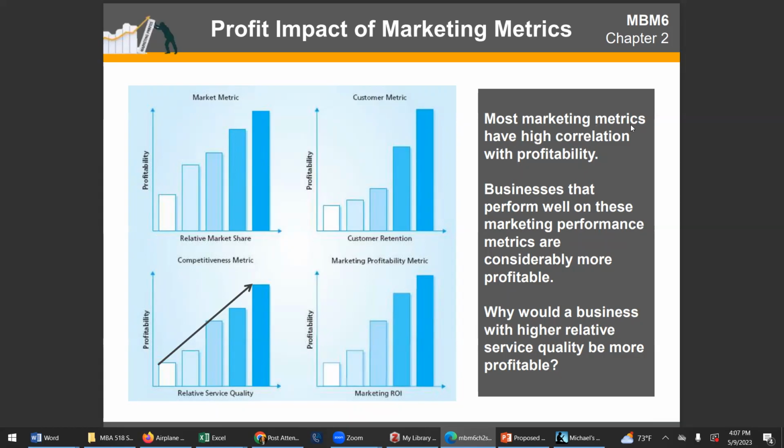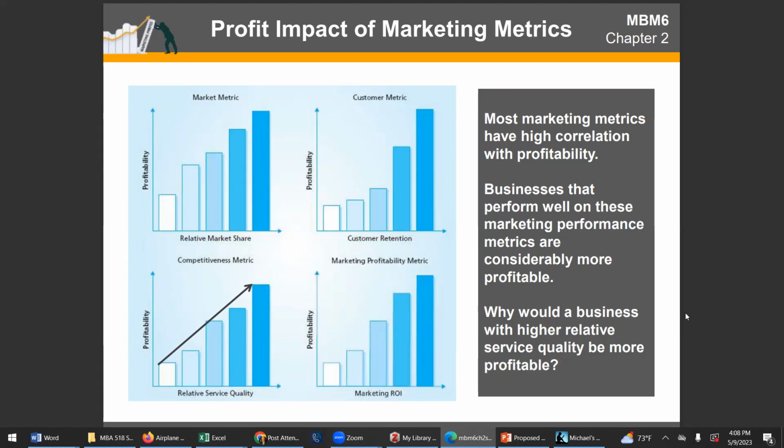Again, marketing metrics have a high correlation with profitability. Our service quality, as it goes up relative to competition, we would see that our profitability should go up. And then finally, thing number four is as marketing return on investment goes up, we would imagine that profitability would go up.